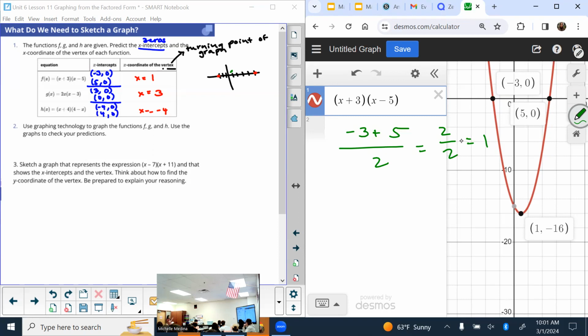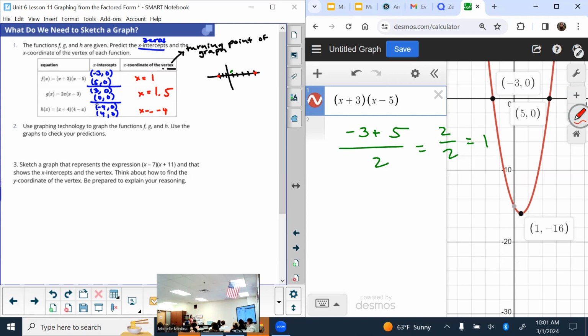So then apply that same logic to the next two. What's the middle point between 3 and 0? 1.5, and that's what your x value of your vertex is for that one. You do 3 plus 0, which is 3, divided by 2, 1.5 is my x value of my vertex. And you could put it in the calculator if you want to see it.